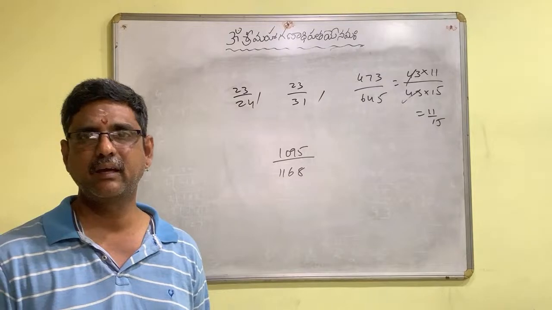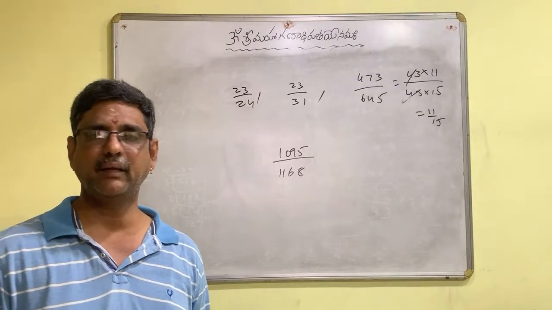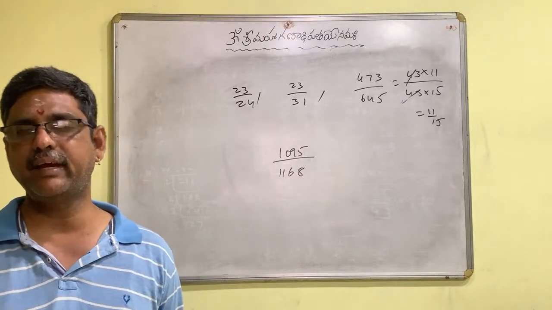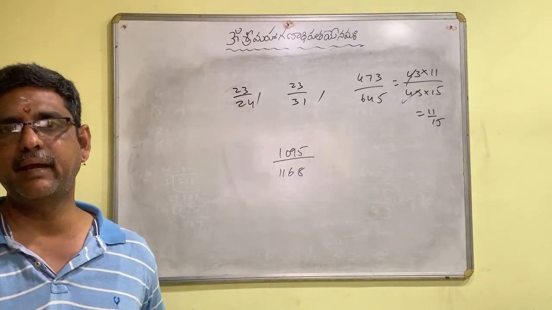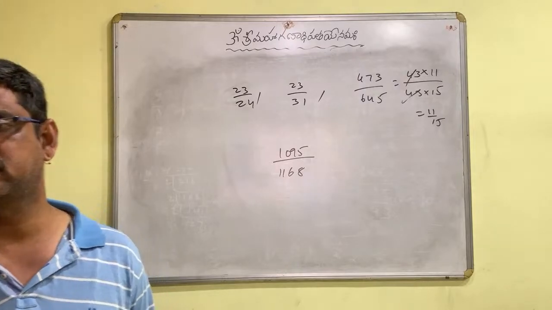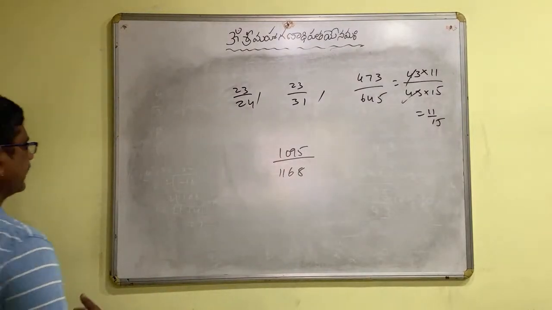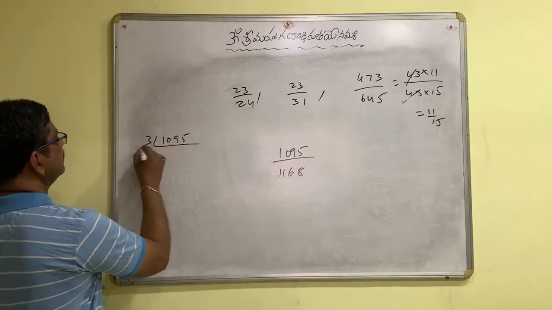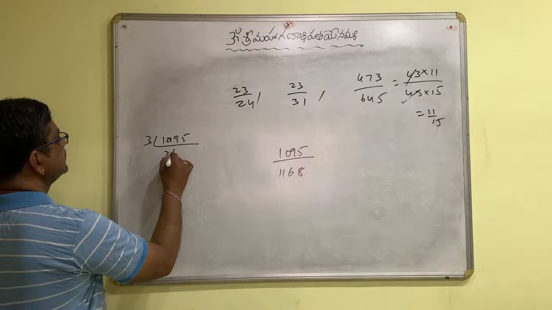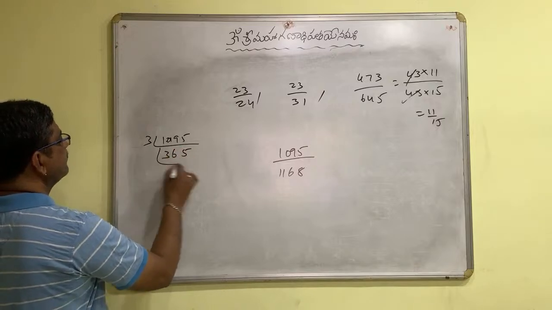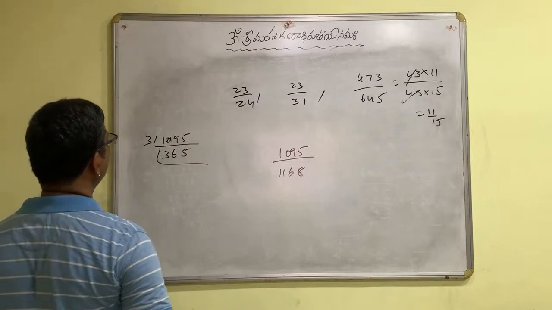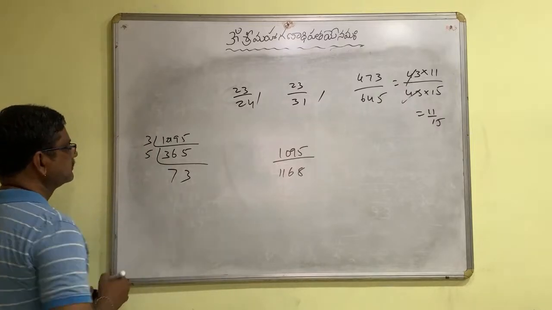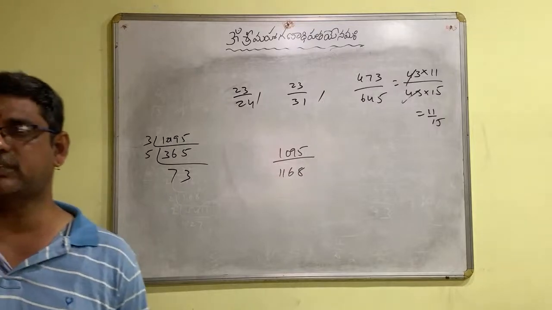I think now this is also the same. 1095 goes in the 3 table, but 1168 does not. So do prime factorization separately. 1095, 3 table, 3 3s are 9, 3 6s are 18, 3 5s are 15. Now again 5 table, 5 7s are 35. So 3 into 5 into 73.